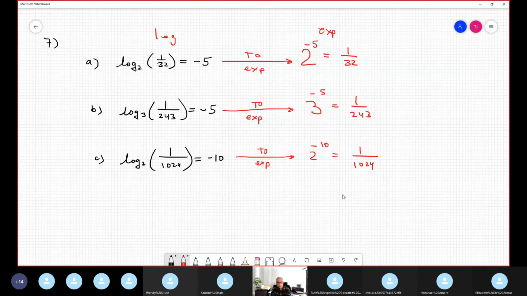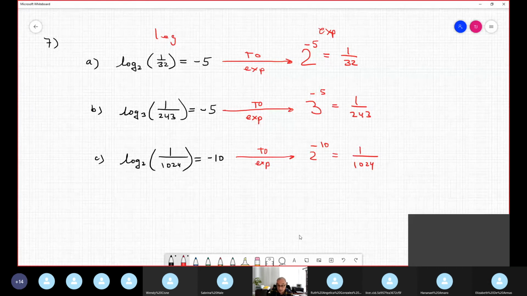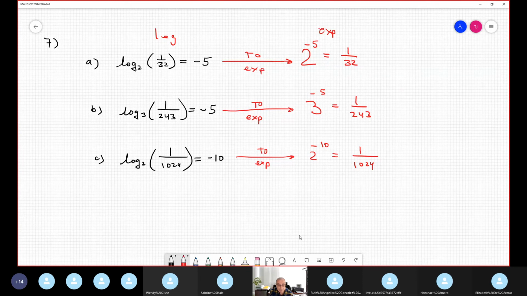Good or not good? Yes or no? Come on, I need to get feedback. It's important for me. Good, good. Sabrina says good. So Sabrina and Ruth are the only students who talk to me. Okay, Elizabeth says good. Elizabeth de Armas. And who else is good? How do you feel?